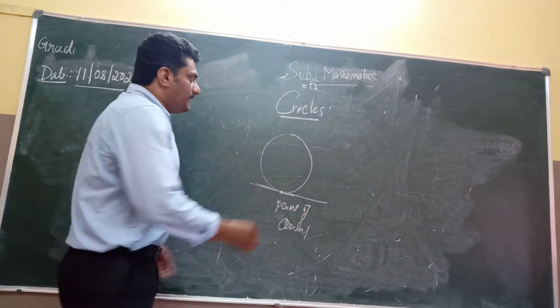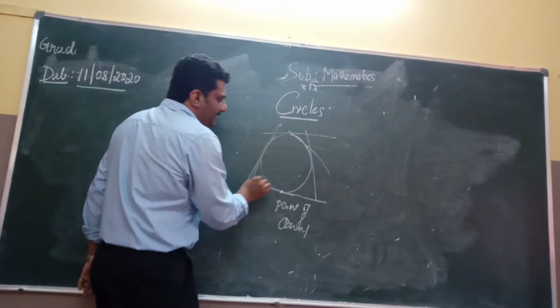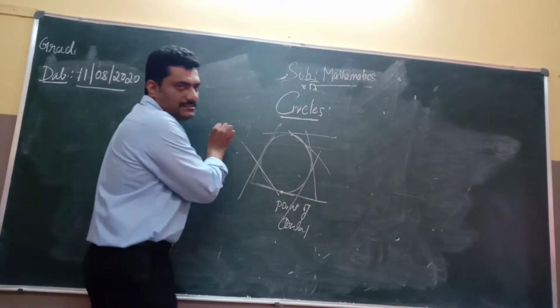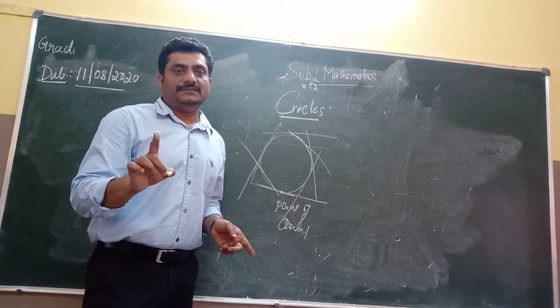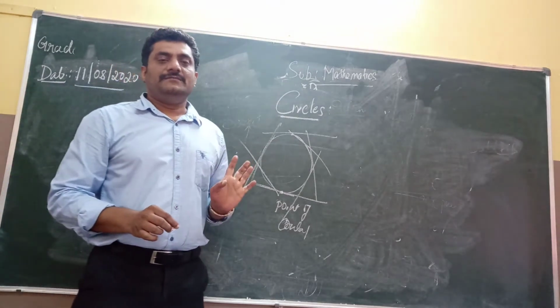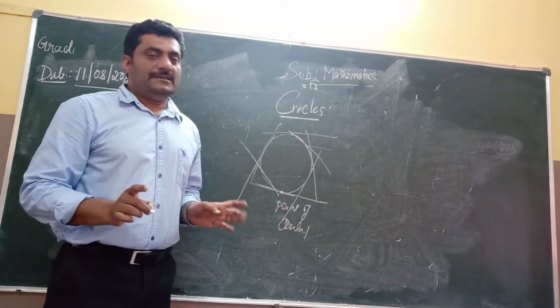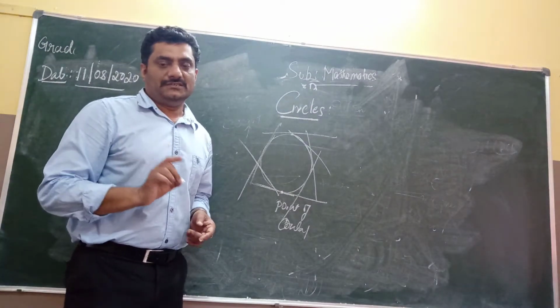But how many tangents can we draw for a circle? We can draw n number of tangents. But to this particular point, I can draw only one tangent. Remember that. To a given circle, I can draw n number of tangents, but to one particular point, you can draw only one tangent.